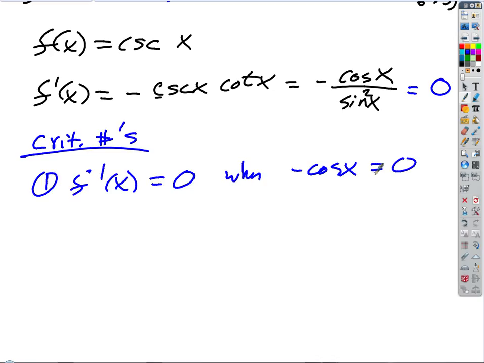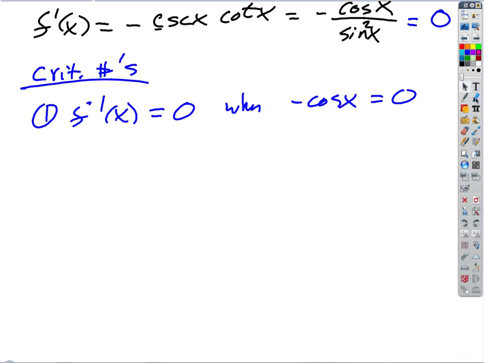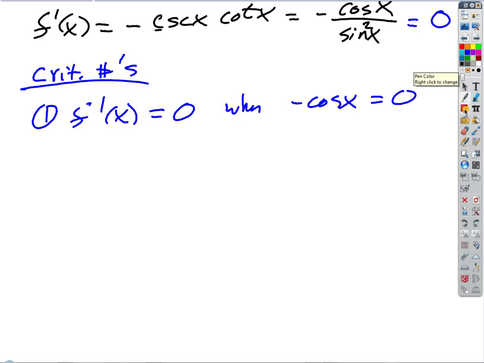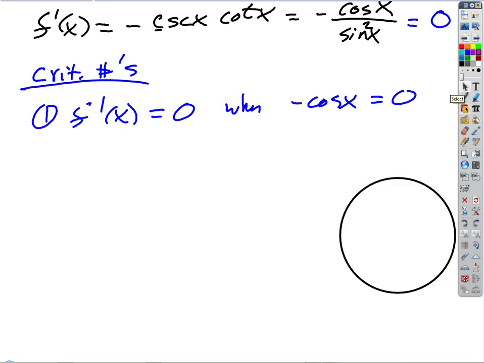For finding out where the first derivative is 0, now this is just a unit circle issue, isn't it, right? If we just slap down a quick unit circle, okay, so quick unit circle, where is the cosine equal to 0?